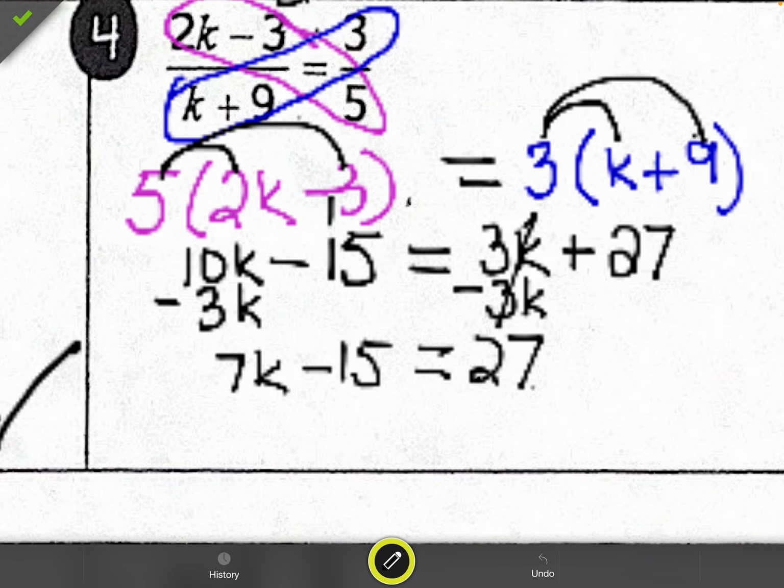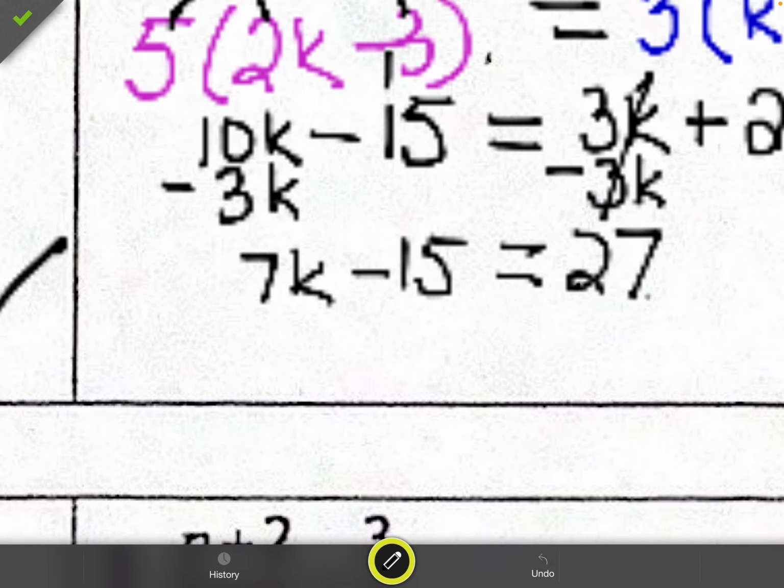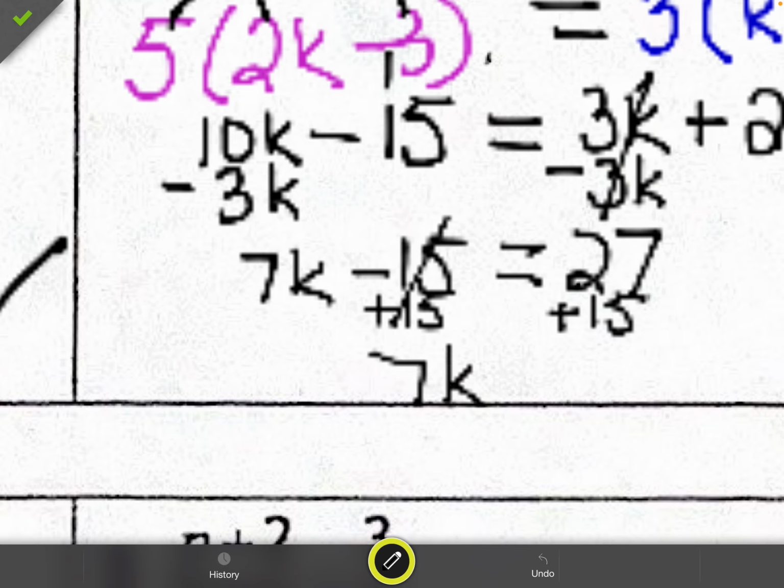Once you do that, it's just a 2-step. We are on the don't call me after, A for add or subtract. So we have to move the 15 over with the 27. The opposite of minus is add. These cancel, bring the 7k down. 27 plus 15 is 42.